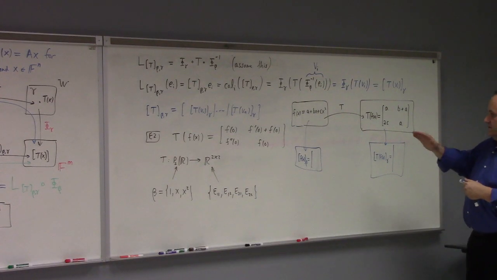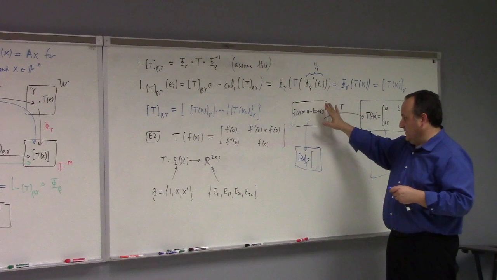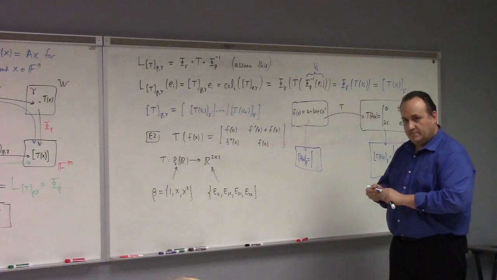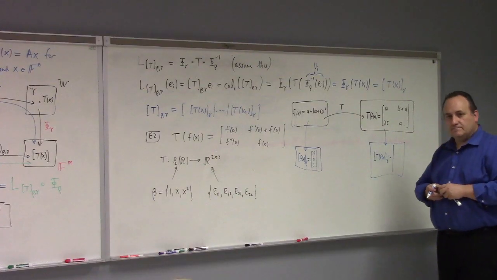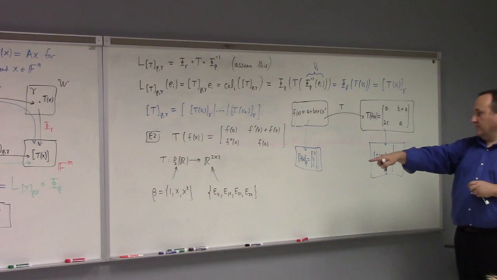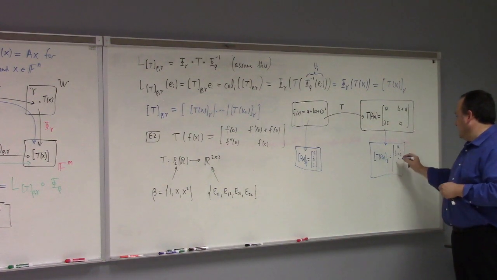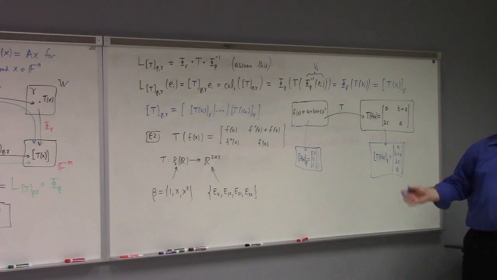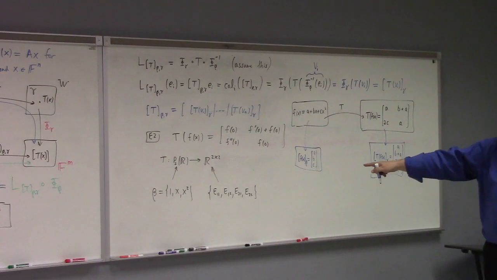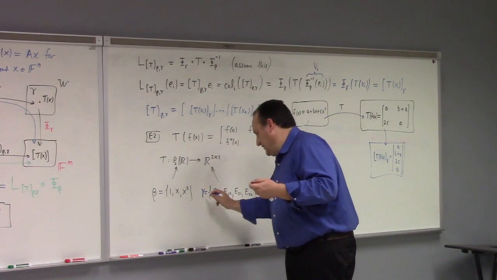So I put 1, x, x squared so that I wanted this to end up being ABC. The coordinate vector of f of x is ABC with respect to the monomial basis in the ordering that I have. What's the coordinate vector for this? Well, I did E11, so I put an A here, B plus A next, 2C, and A. Now, those could have easily been shuffled around if I had ordered the elements of gamma differently, right? It was gamma in my heart, it's not on the board.